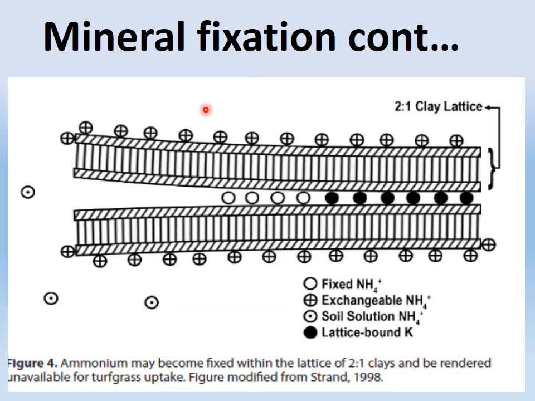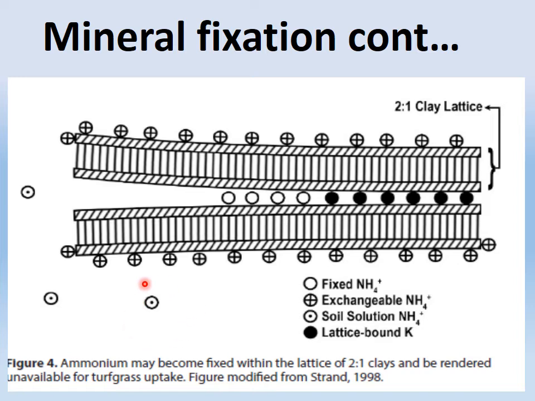So this is just a diagram trying to explain and consolidate what we are saying. Most of the ammonium that you'll get is in solution. This is your 2:1 clay particle, and these will be your silica layers. Your ammonium can be in soil solution like this, freely floating.